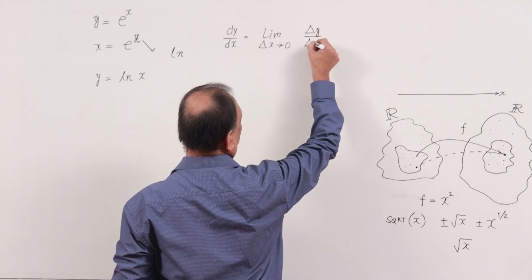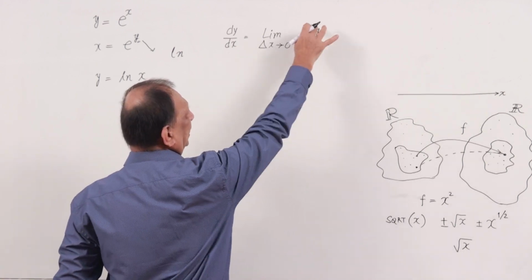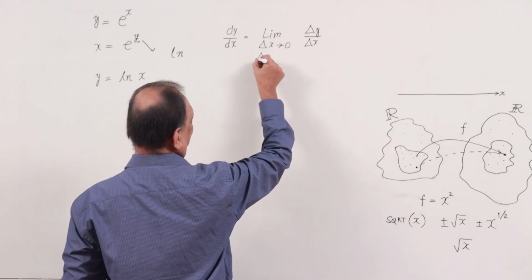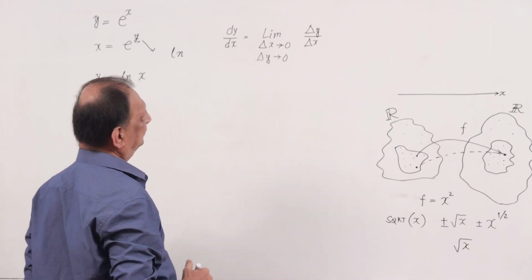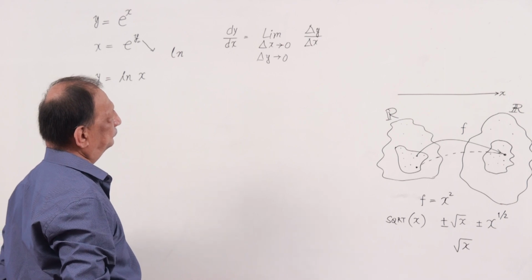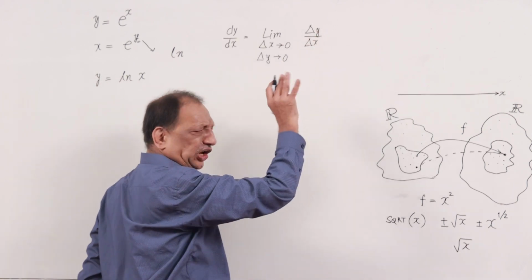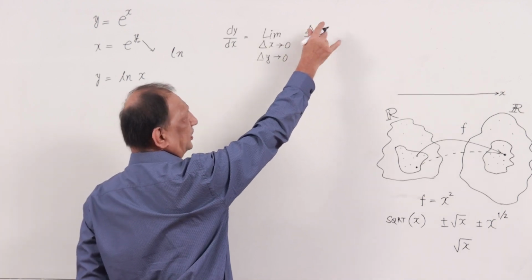No questions on it. So obviously when delta x tends to 0, delta y also will tend to 0. I can also write that here. Delta y also is tending to 0. Correct. And both are non-zero. We don't say we touch 0. So delta x is non-zero, delta y is non-zero.